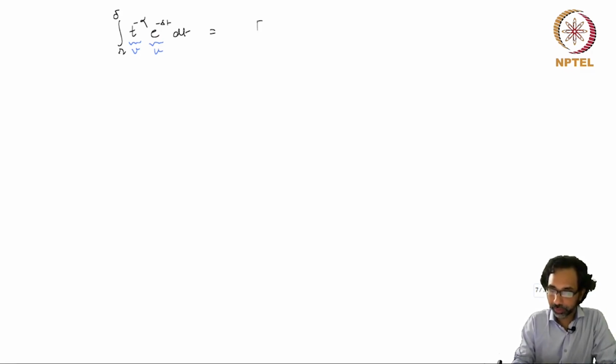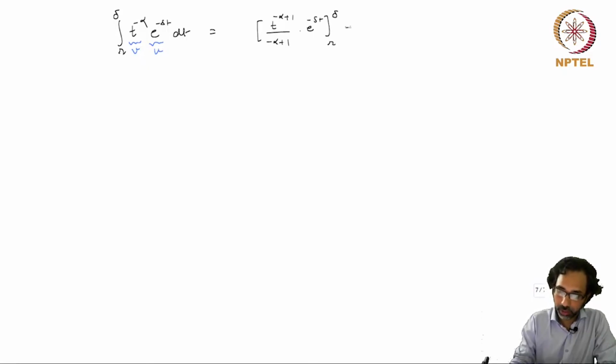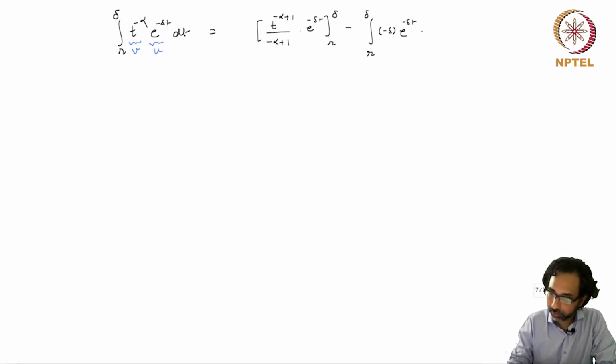So we get e to the power minus st times t to the power minus alpha plus 1 over minus alpha plus 1, from r to delta, minus the integral from r to delta of minus s, so differentiate u, minus st, and now integrate v, t to the power minus alpha plus 1 over minus alpha plus 1, dt.